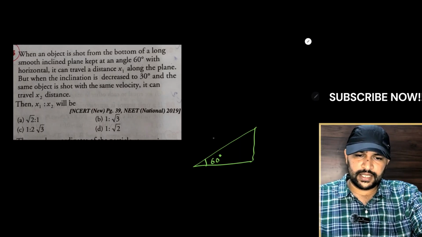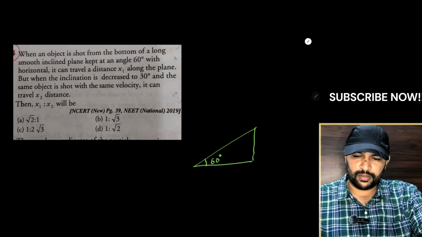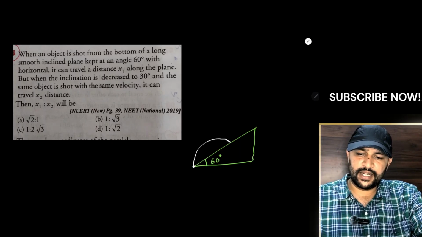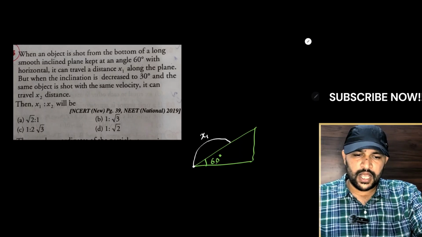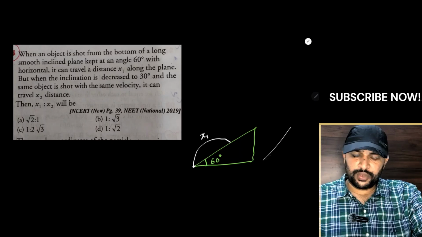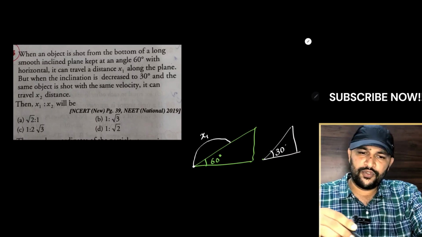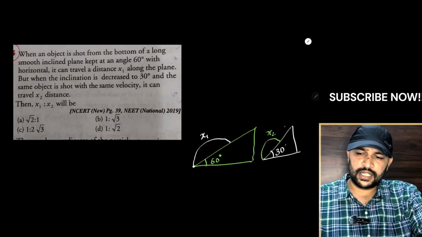With the horizontal, it can travel a distance of x1 along the plane. So you are throwing an object, and that object is thrown from this end and it travels a distance of x1 over here, right? Great. But when the inclination is decreased to 30 degree, let us imagine the same here with 30 degree, great. And if you are throwing again the object, it is traveling how much? x2 here.